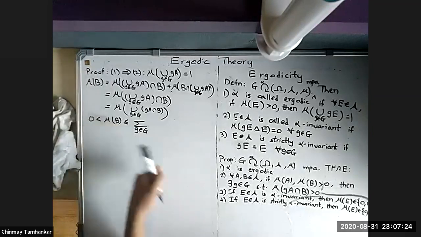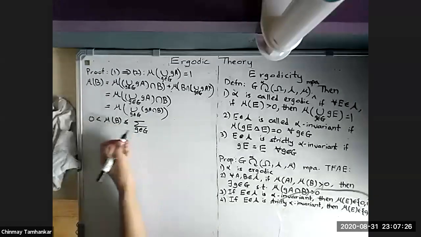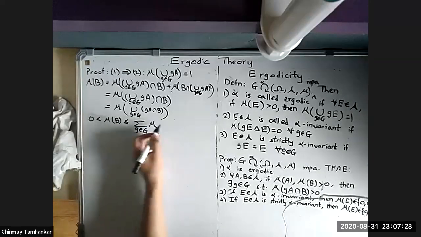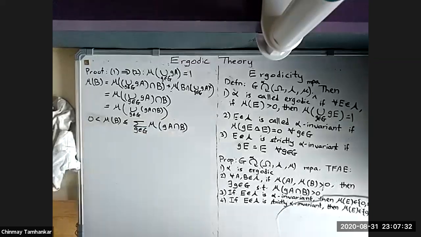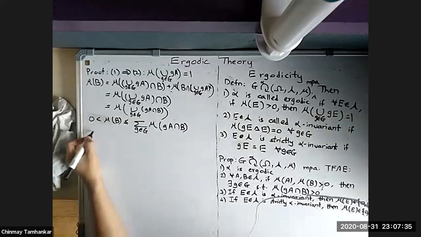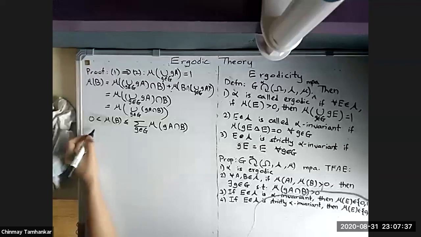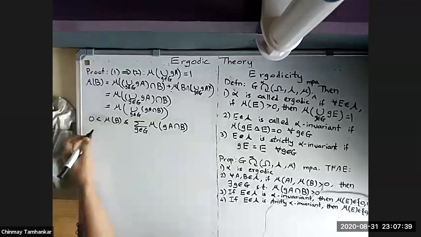This is where we are using the fact that G is countable. Hence there has to be some element G in G where this measure is strictly positive.